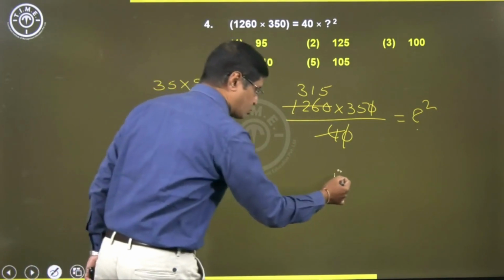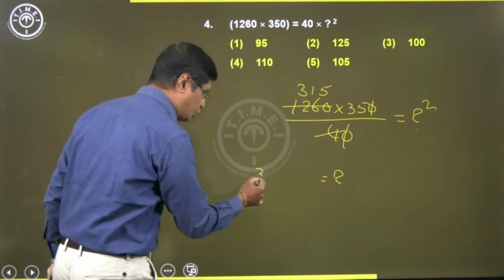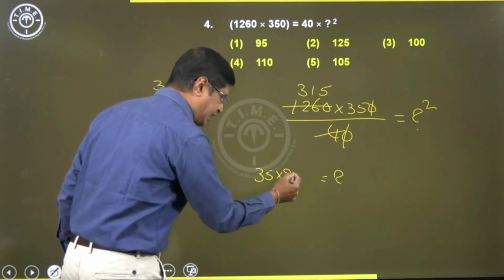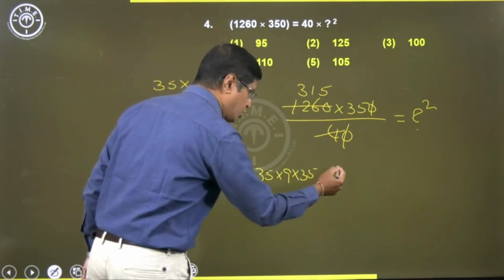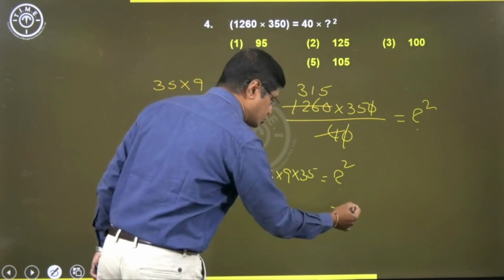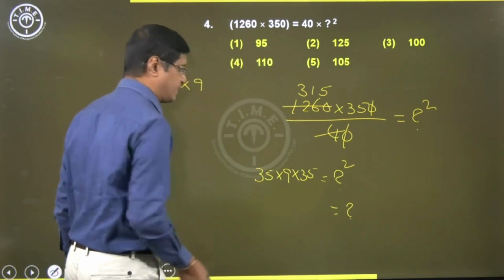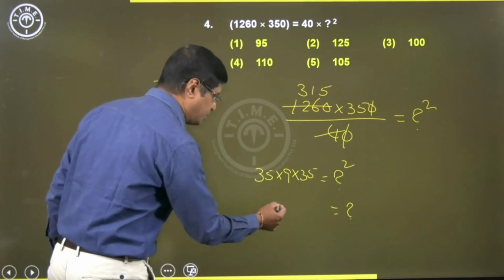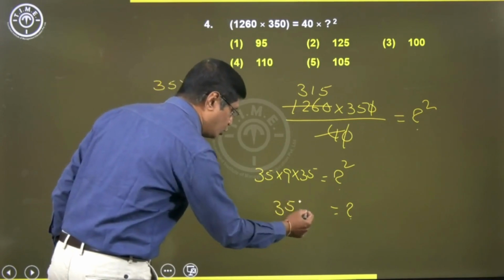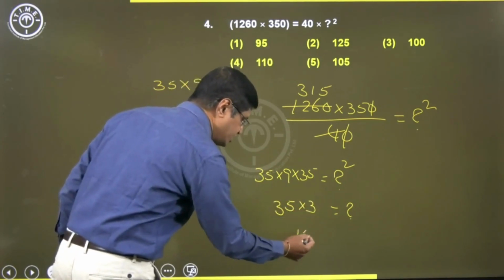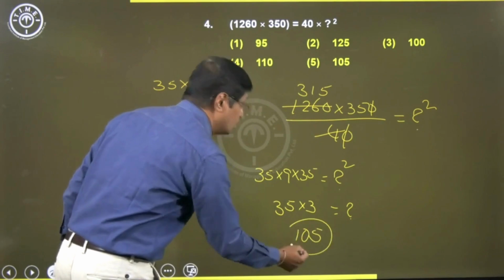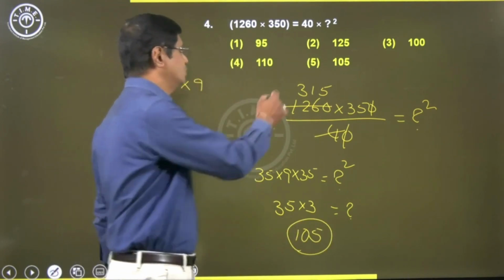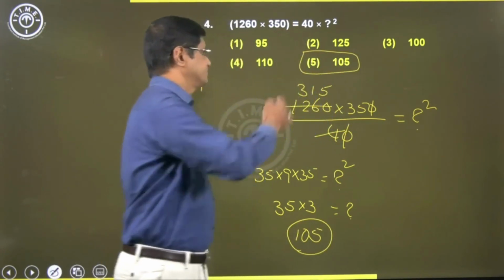So question mark square is equal to 35 into 9 into 35. So what is the value of question mark? Square root of these values, that means 35 into 3. The value is 105. Option number 5, fifth choice, is the right answer.